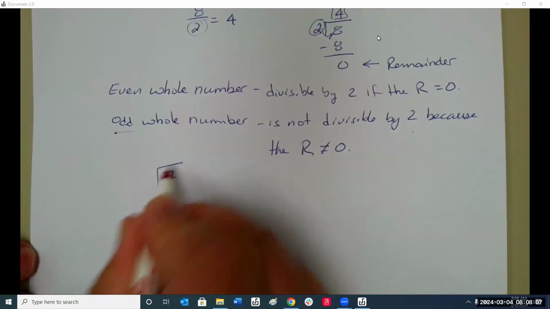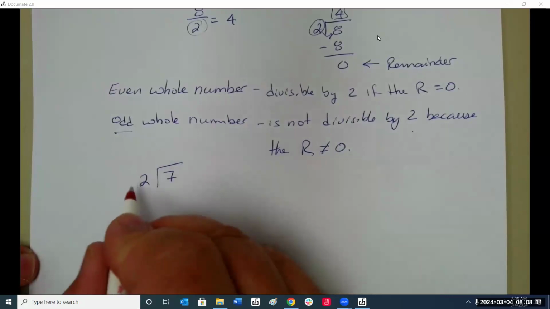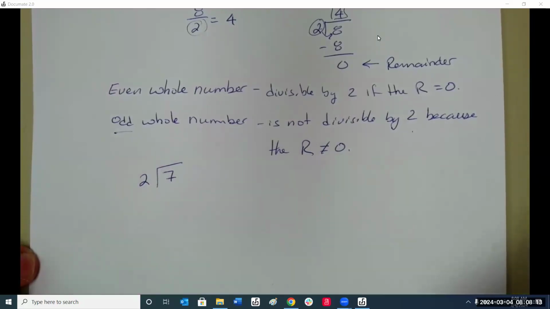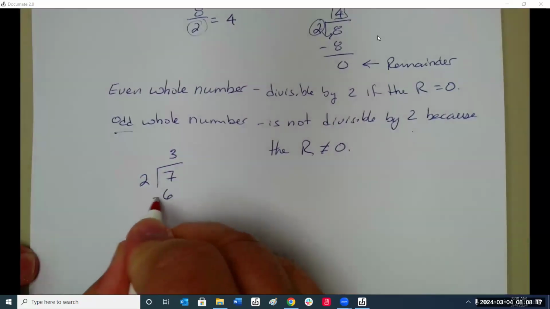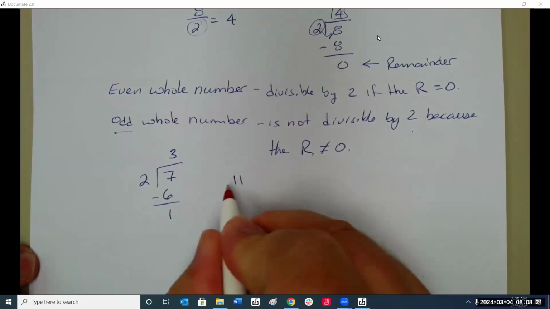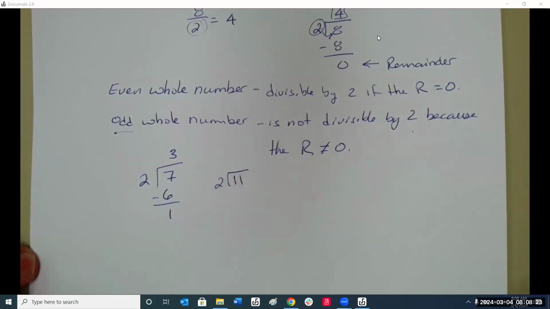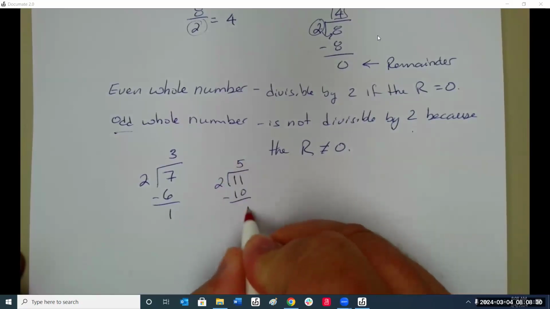Seven is an odd number. How many times does 2 go into 7? 3 times. 3 times 2 is 6. 11 is an odd number. How many times does 2 go into 11? 5 times 2 is 10.